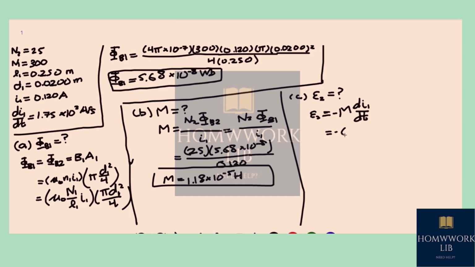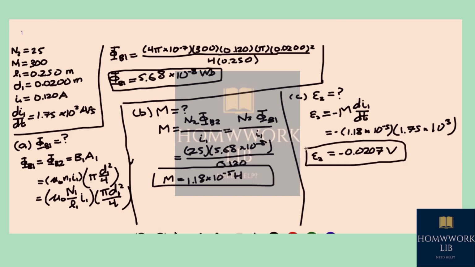In order to find that, we recycle our answer from the second part, and finally make use of that changing current. Plug that into a calculator and we get an induced EMF of this. And we're done.